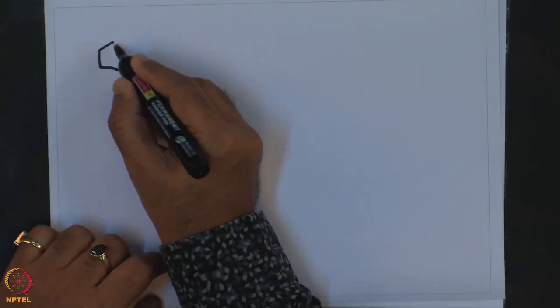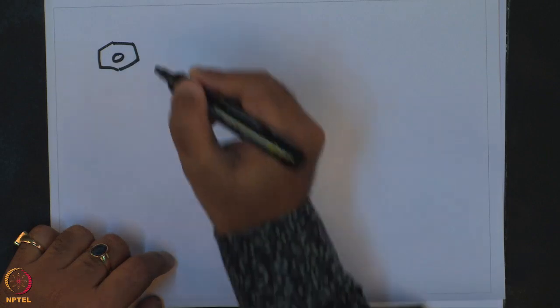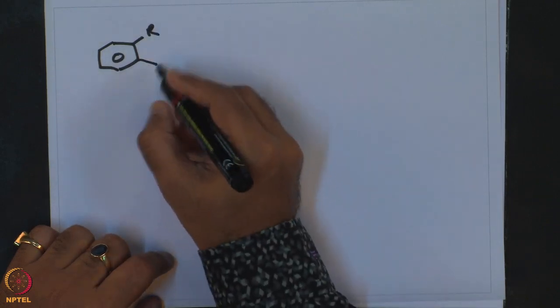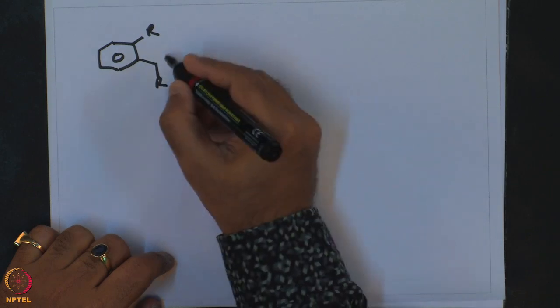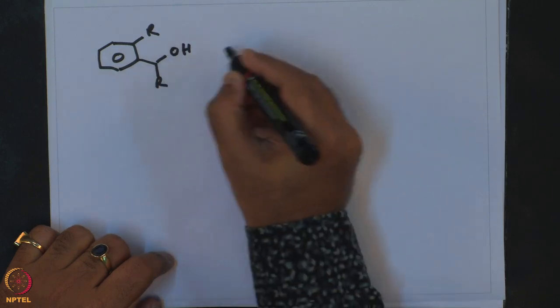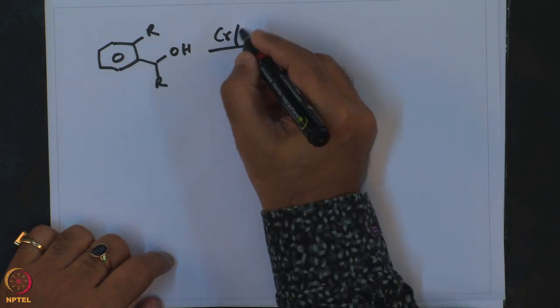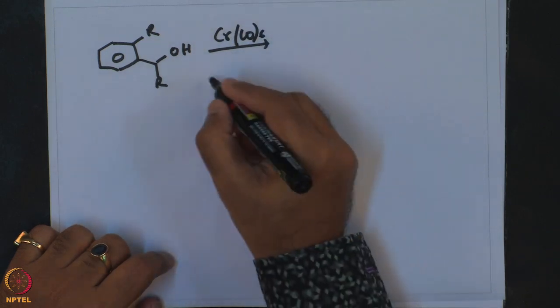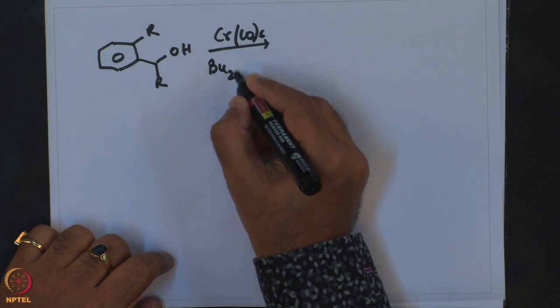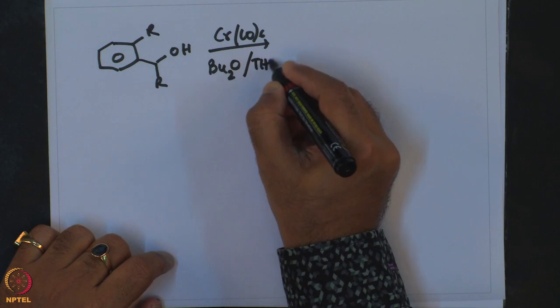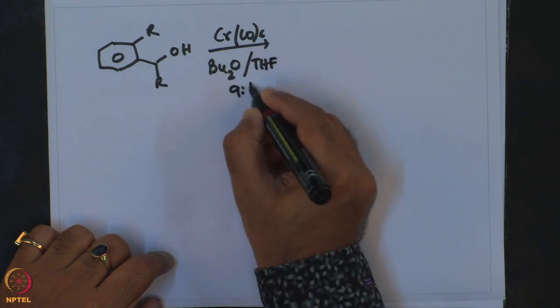The example given over here is benzene with CH(R)OH in presence of chromium hexacarbonyl in Bu2O and THF, 9:1.